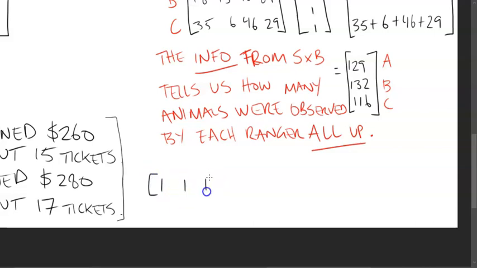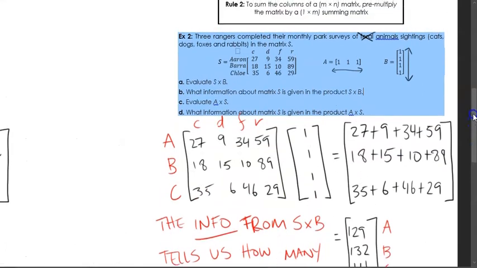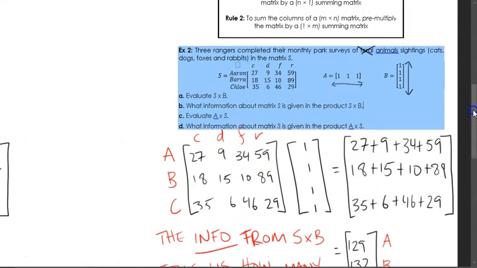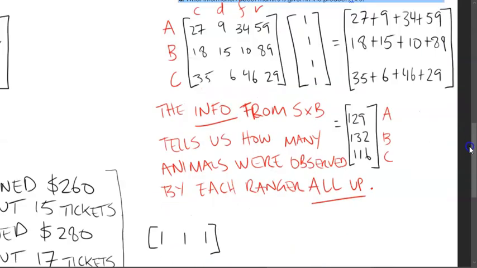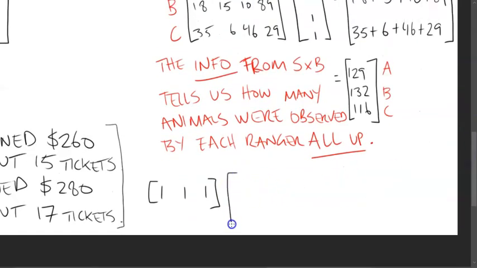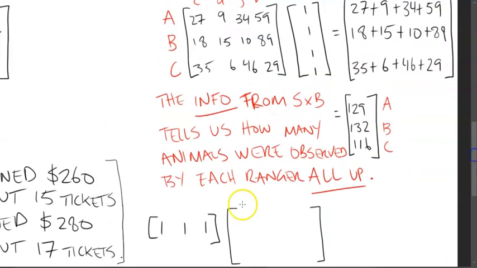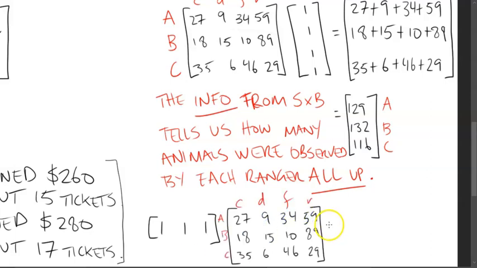Now remember, A has only got a row of ones, and there's only 3 of them. So when we apply this to matrix S again, 27, 9, 34, 59, there we go.